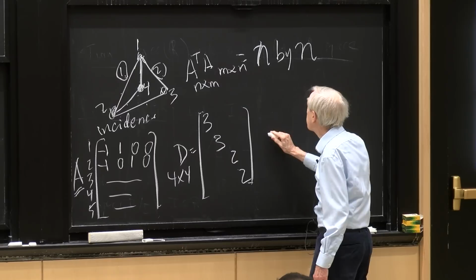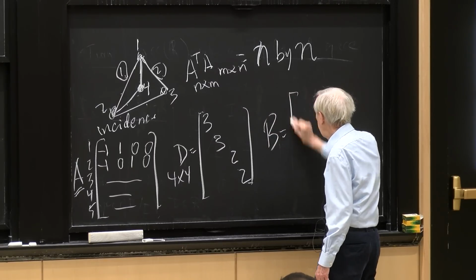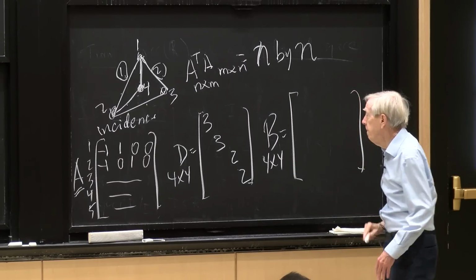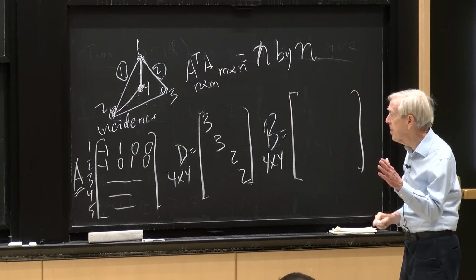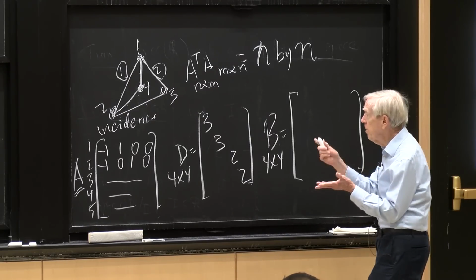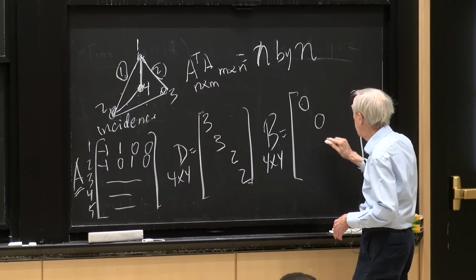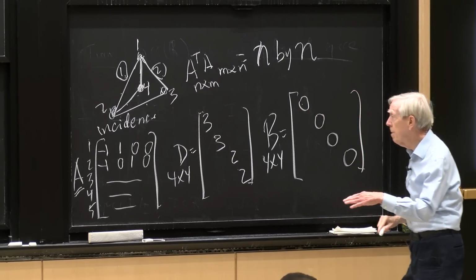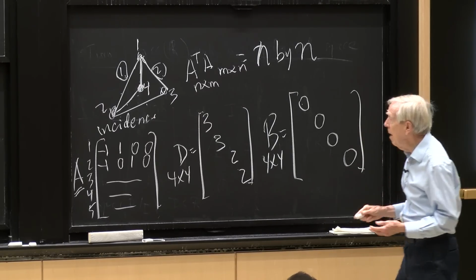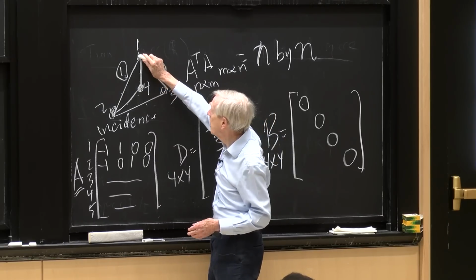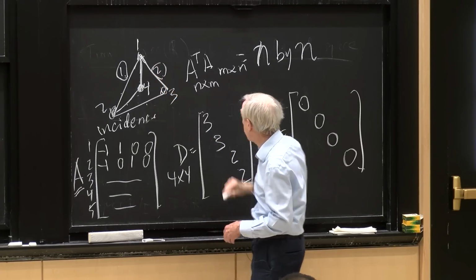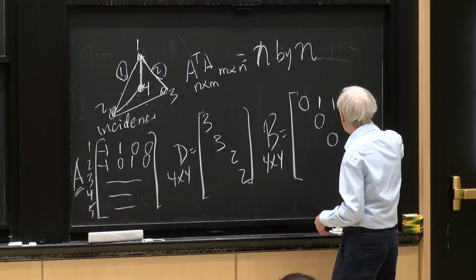And then the adjacency matrix that I've called B is also 4 by 4. And what is it? It tells us which node is connected to which node. I don't allow edges that connect a node to itself, so zeros on the diagonal. So which nodes are connected to node 1? Well, 2 and 4 and 3 are connected to 1, so I have 1s there.